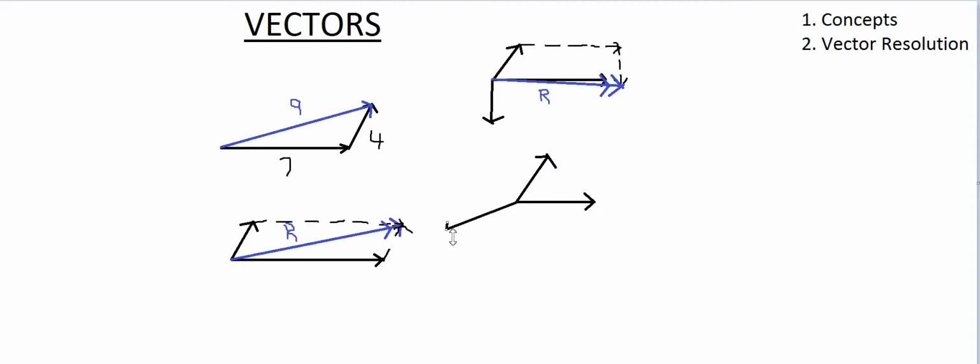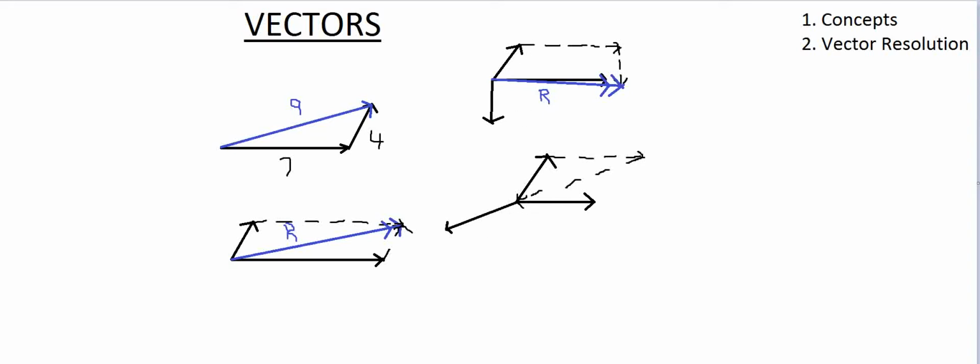You try to resolve them like this first, and then you move the third vector. However, what if you find that the endpoint of the last vector ends at the start point of the first vector? So this is kind of like a closed loop.